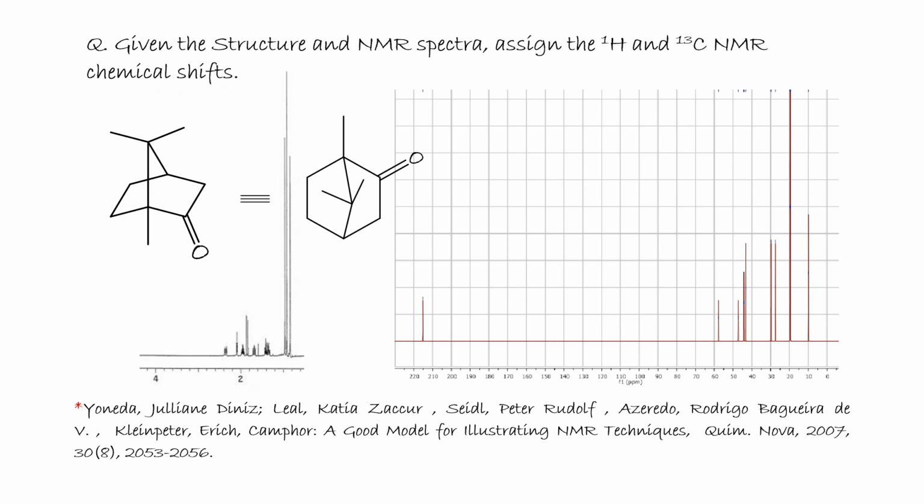In the previous NMR lectures, we used to provide you with the spectra and ask you to predict the chemical structures. This time I will provide you with the spectra and structure and ask you to assign the signals. Given the structure and NMR spectra, assign proton and carbon 13 chemical shifts for camphor.